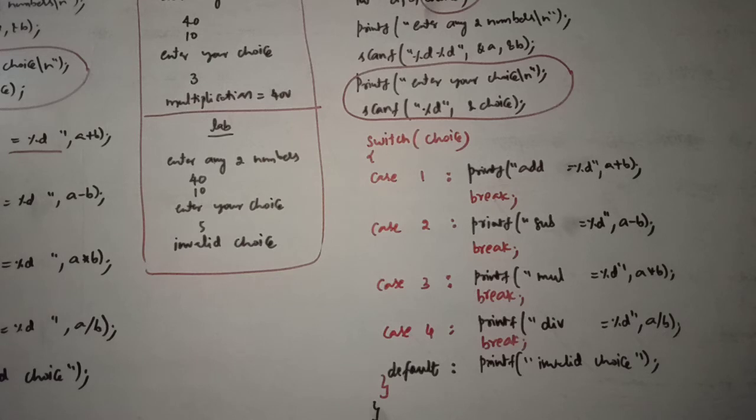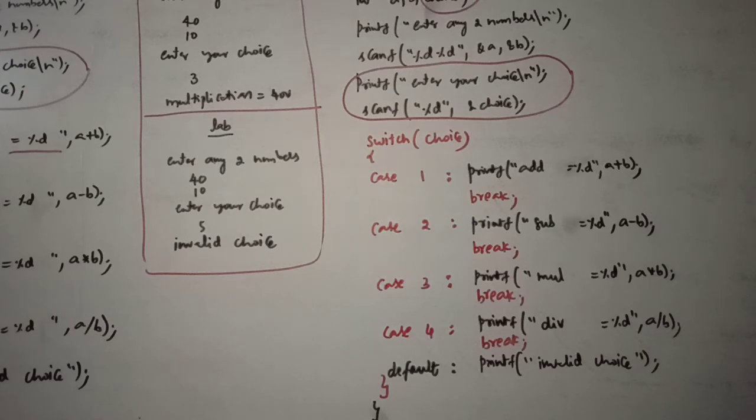Is it necessary to write in this order, like case 1, case 2, 3, 4? No need. The cases and default can occur in any order, like I can put default on the top, then case 2, case 4, case 1, case 3, can be anything. But if you write it like this, it looks good and is easy to understand.